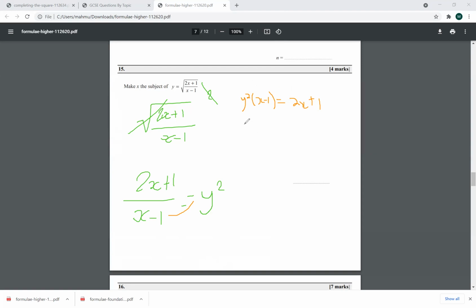So I'll have now y squared x minus 1. If I bring this to this side, it becomes minus 2x equals 1. So I brought this to this side, right? Does that make sense?